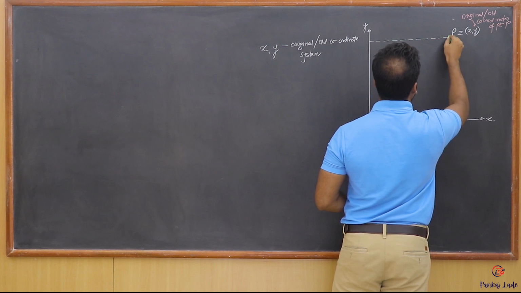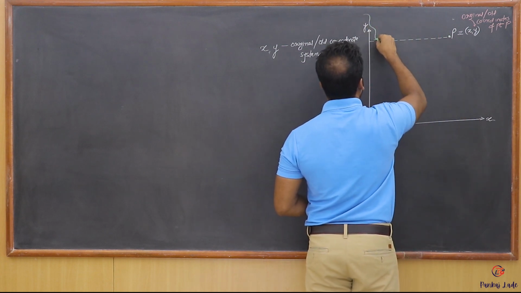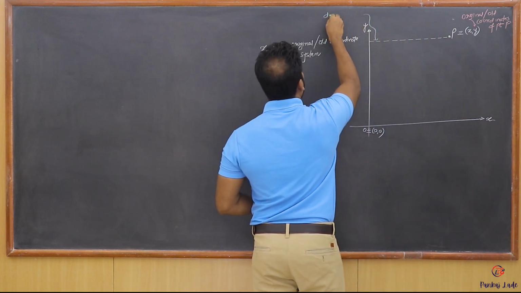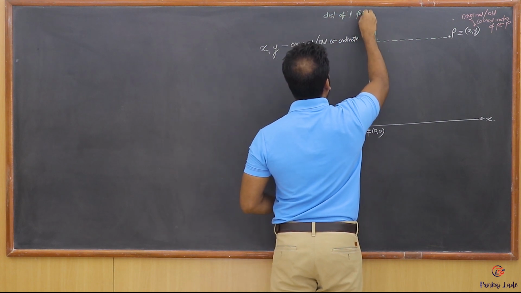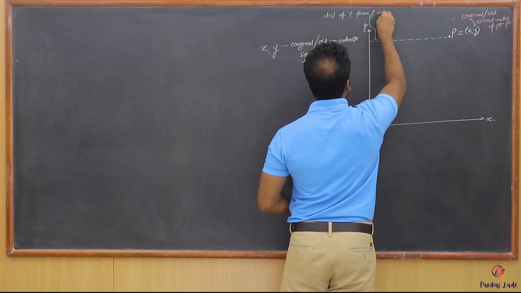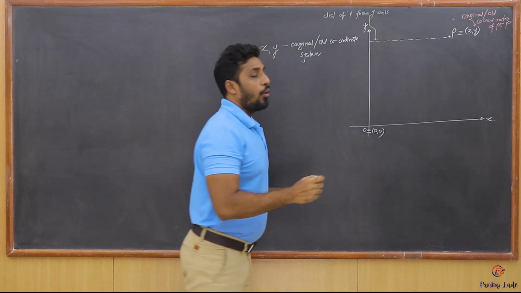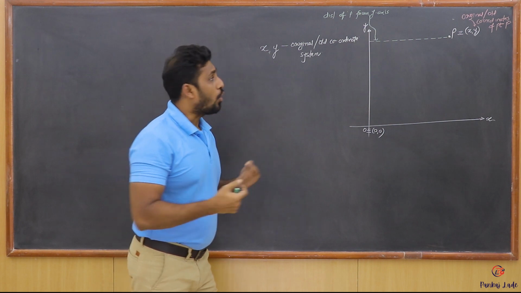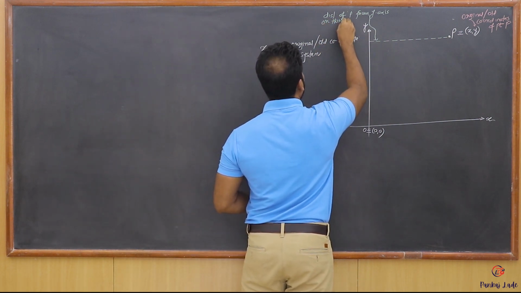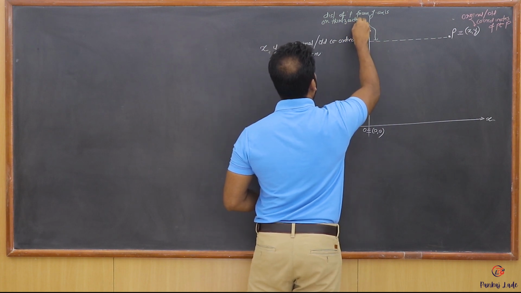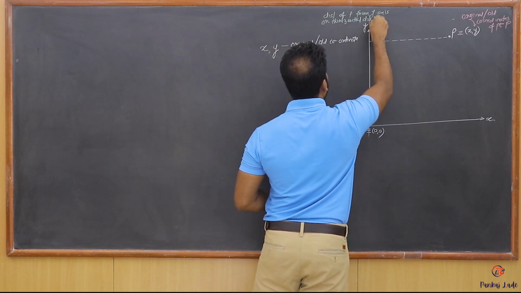So this is the horizontal distance, isn't it? So I'll call this the distance of P from the y-axis. So the distance of the point P from the y-axis, or it is also called the horizontal distance.